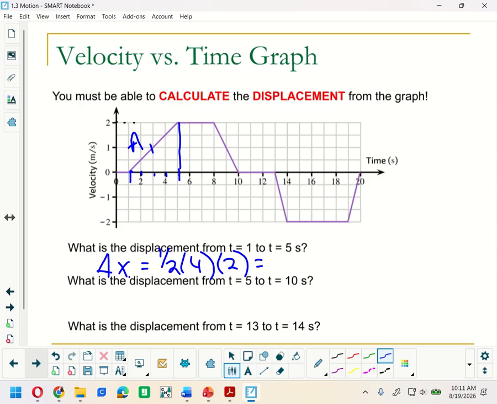Now, think about this. My displacement was measured in what? Meters. Write yourself a note for this because a lot of people keep getting this wrong. Displacement is in meters. Velocity is in meters per second. Acceleration is in meters per second squared. If you're having trouble with that, write it down in your notes.